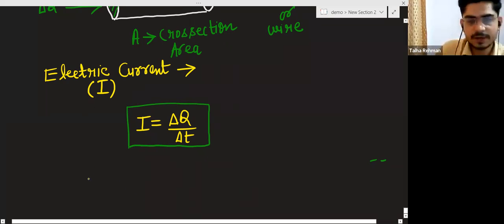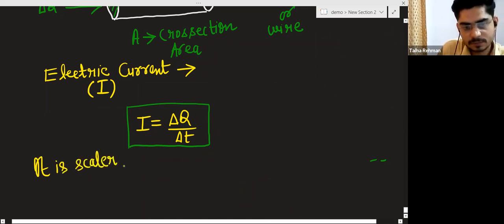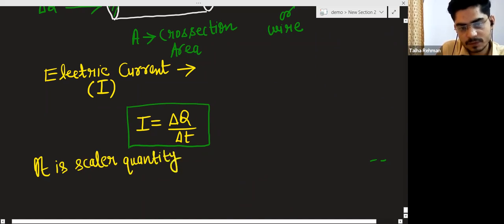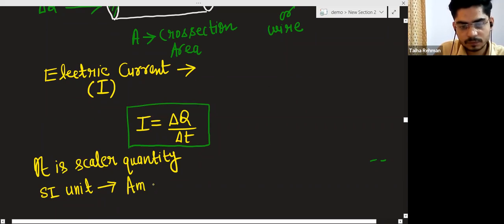So current is a scalar quantity, electric current. So it is a scalar quantity, and the SI unit is ampere.